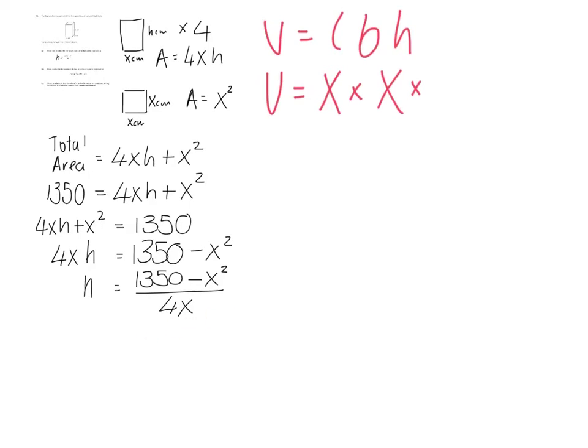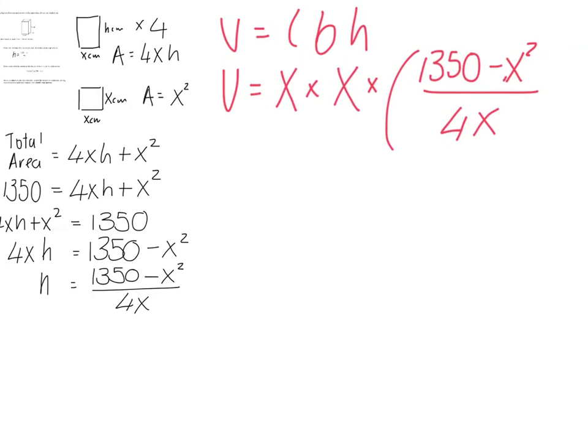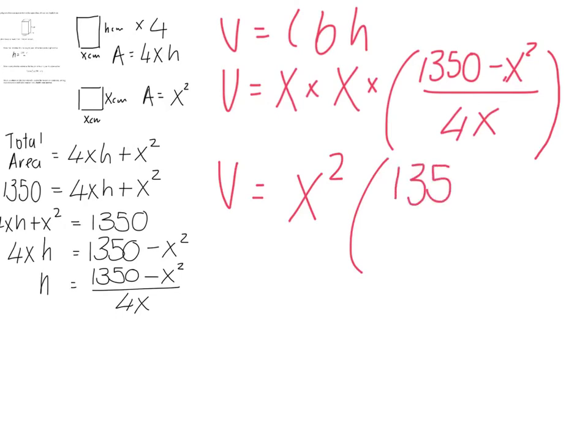So substituting that in here, we get 1350 minus x squared over 4x. And then close our bracket. So that then gives us V equals x times x is x squared times this thing, 1350 minus x squared over 4x.